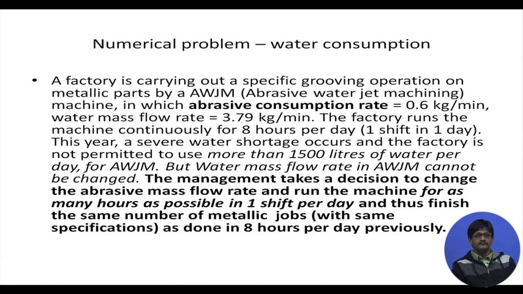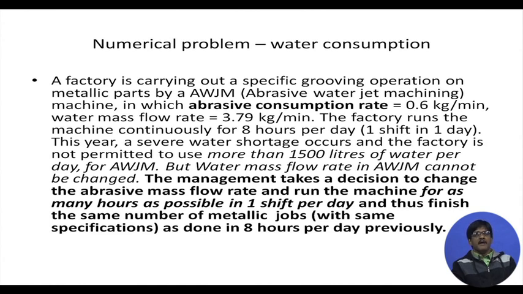Why? Because the water mass flow rate cannot be changed. If it is 3.79, even if you have a drought, you cannot reduce the water consumption. So, you can run the machine only perhaps for a reduced number of hours. That calculation will tell us.